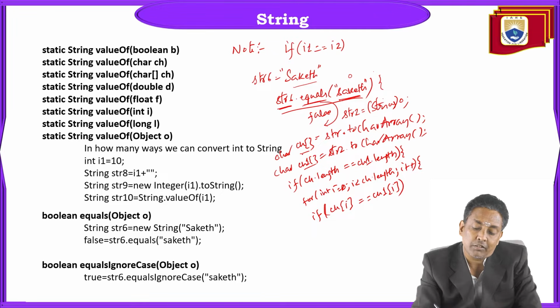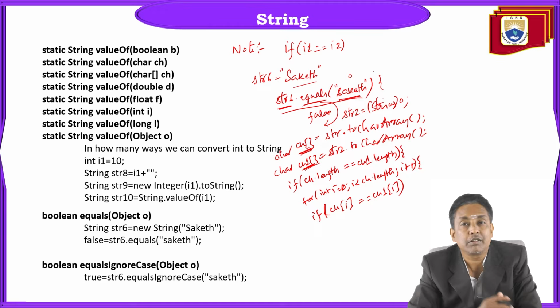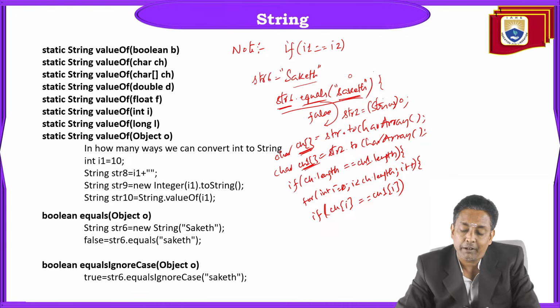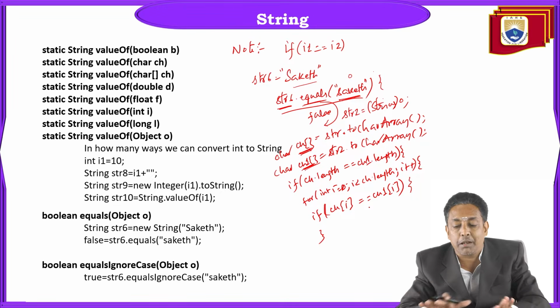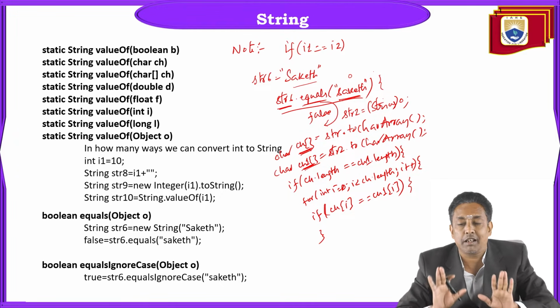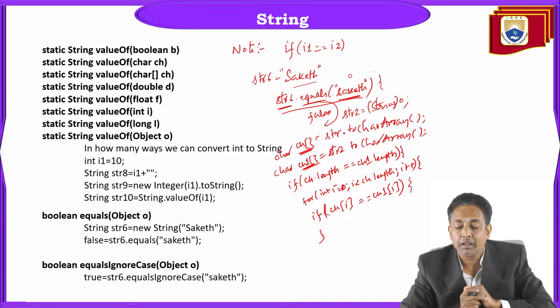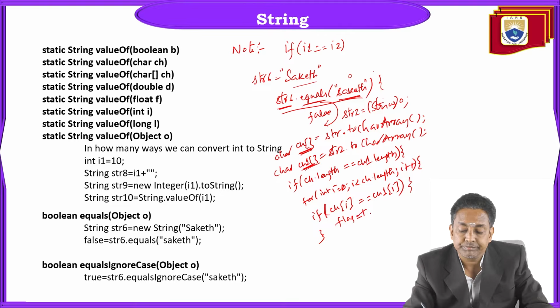That means the zeroth index of these two arrays, index number 1, index number 2, index number 3 of these two arrays are compared. So as long as the comparison is true, it will keep quiet. Internally, they keep a boolean variable, flag = true, like that.